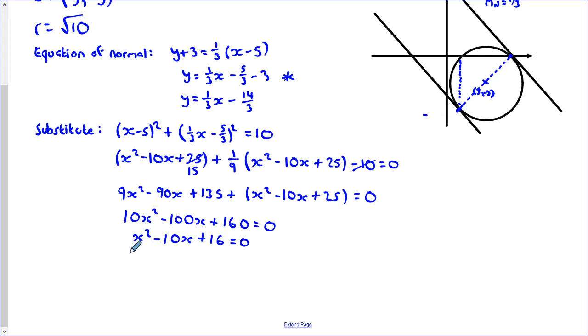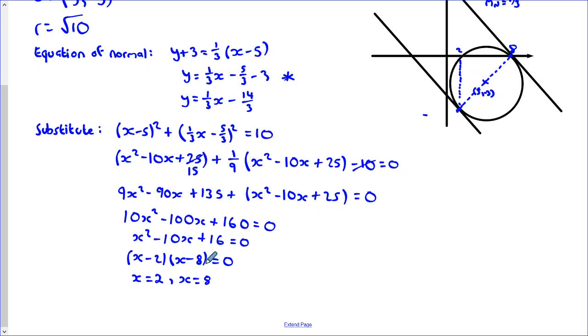And that factorizes rather nicely. So the x-coordinates of my intersections with my tangents are x equals 2 and x equals 8. This is x equals 2, this is x equals 8. I will need the coordinates, so I'll need the y-coordinates as well, so that I can use the y minus y1 again.